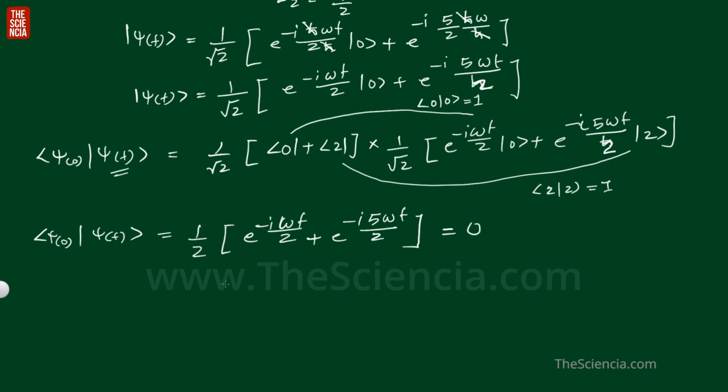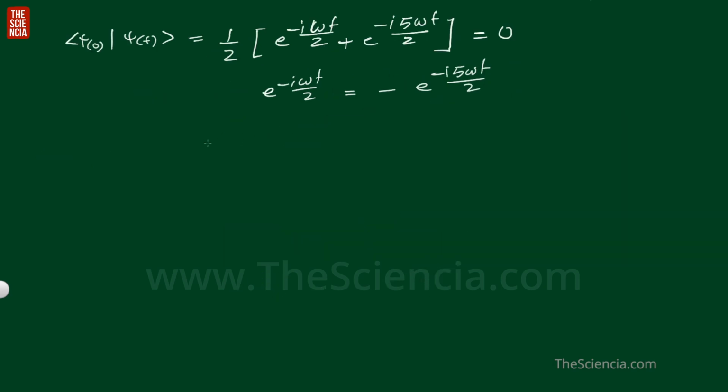So I can rewrite this equation as e raised to minus i omega t by 2 is equal to minus e raised to minus i 5 omega t by 2. That is, e raised to minus i omega t by 2 is equal to minus 1 by e raised to i 5 omega t by 2. Here I am multiplying this term to the LHS.